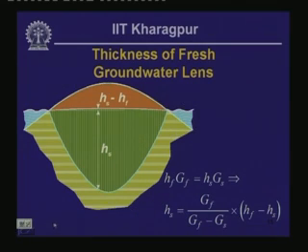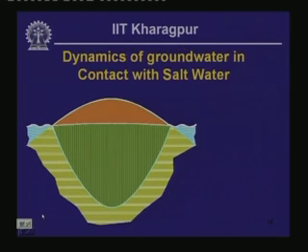That is very important, because then we can see what happens if we lower the groundwater by a tiny bit. We are going to consider the same configuration as in the previous slide.